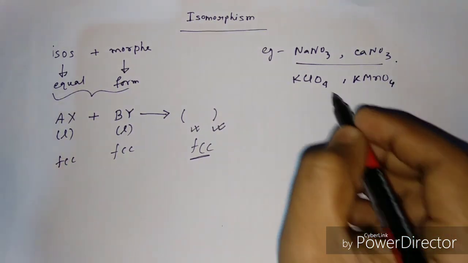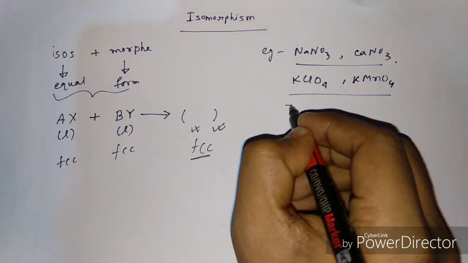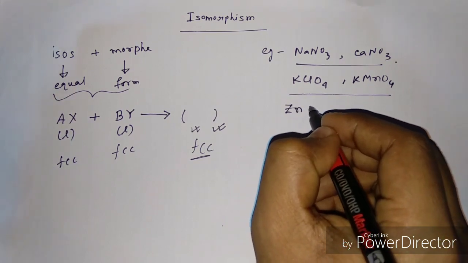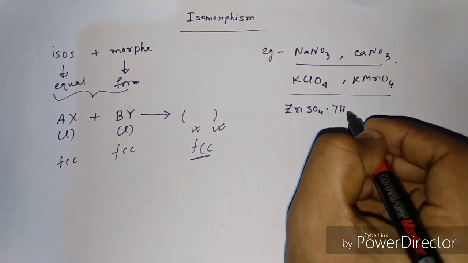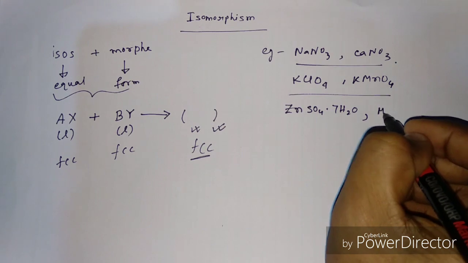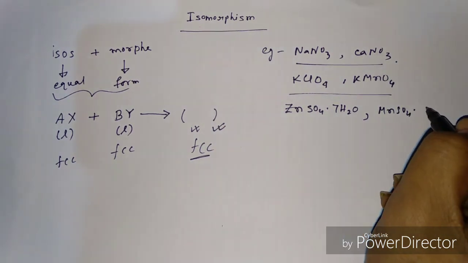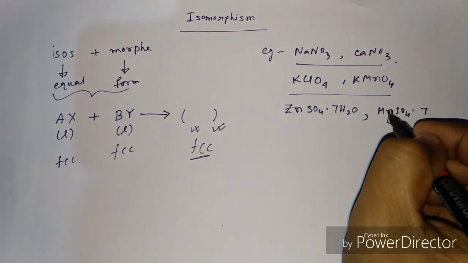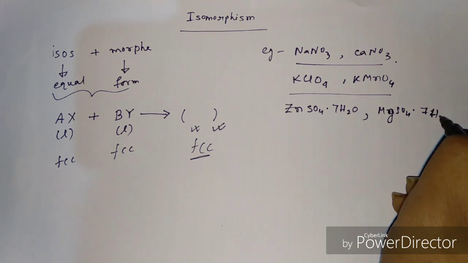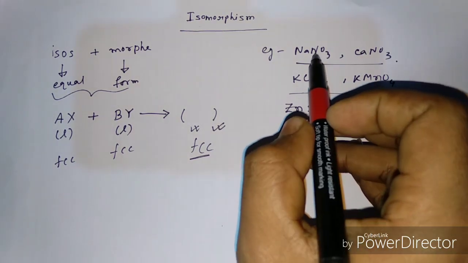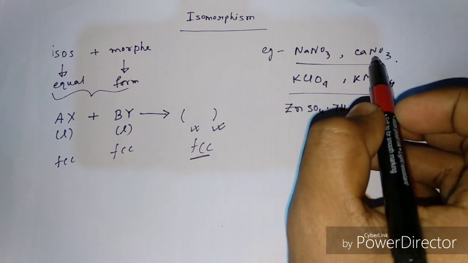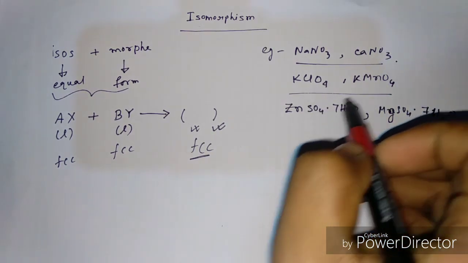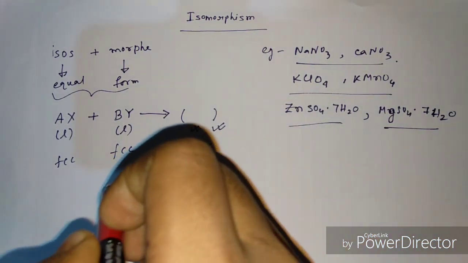And one last pair, a big system, ZnSO4.7H2O and MgSO4.7H2O. These pairs form isomorphous crystals.